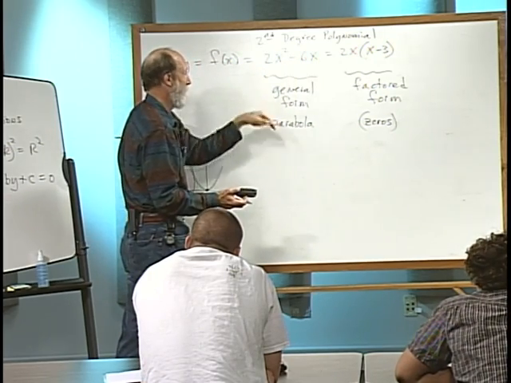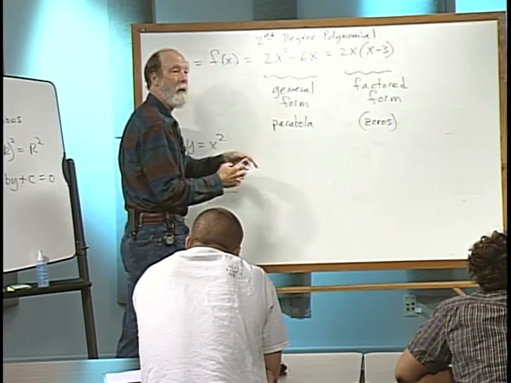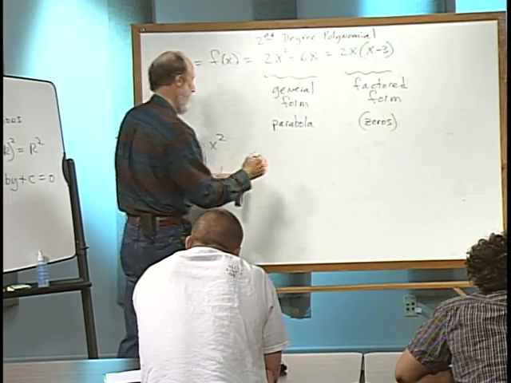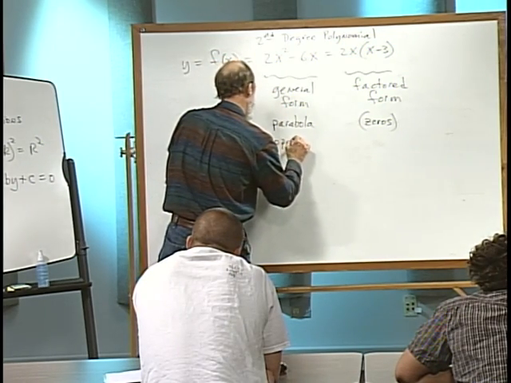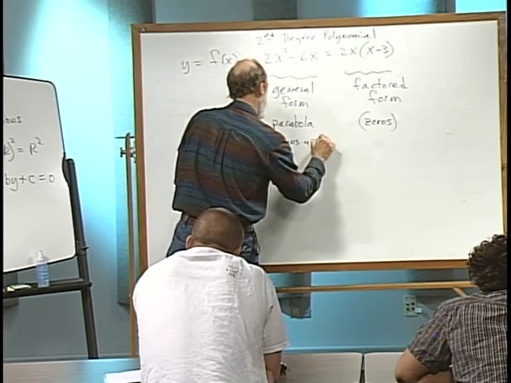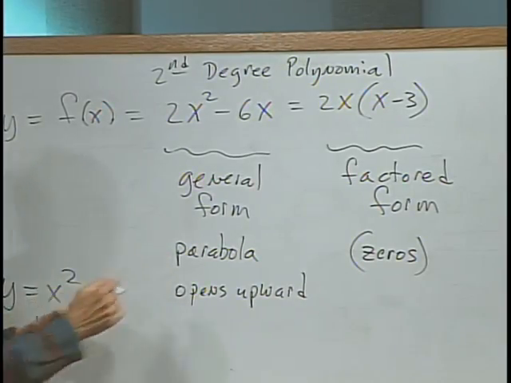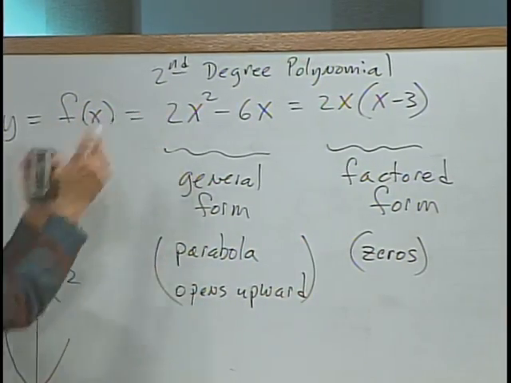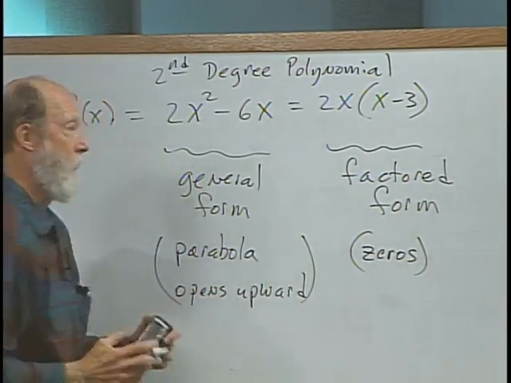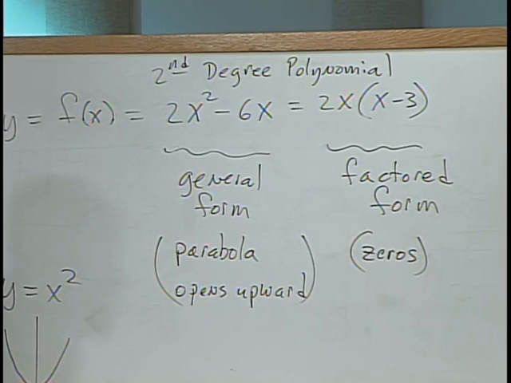But nevertheless, it's still going to have the character of a parabola, and it's going to be opening upward. So you can see these two things from the general form, and you can see the zeros from the factored form. We'll be doing that quite a bit in the coming weeks.